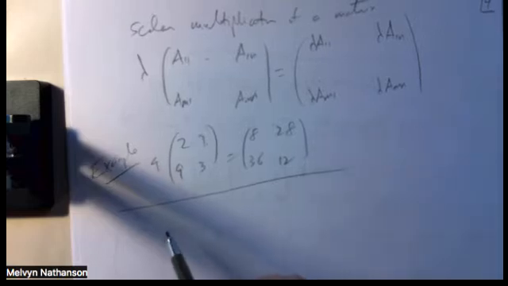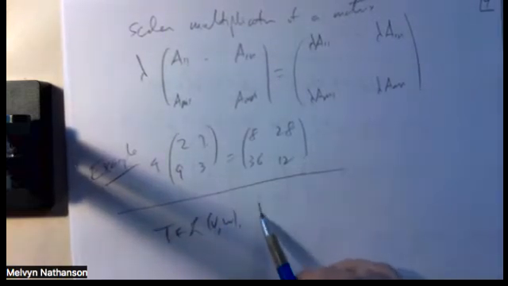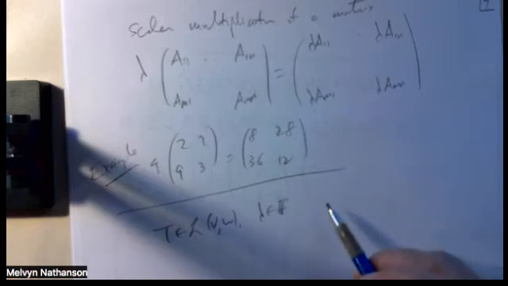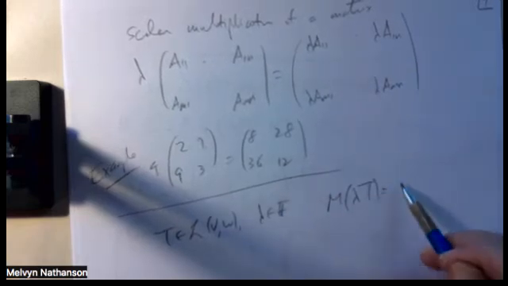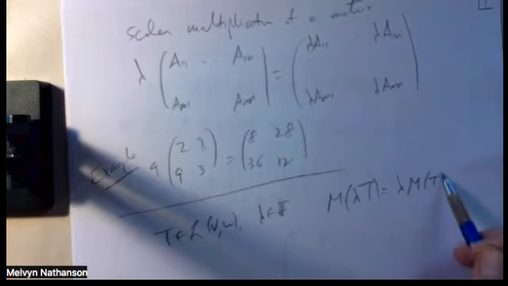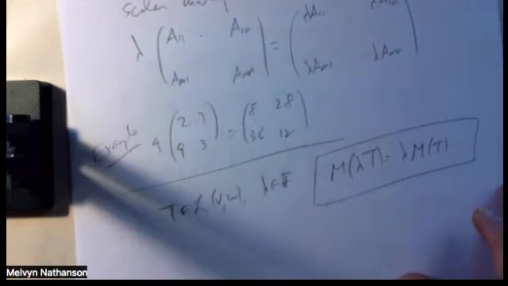And again, if T is a linear map from V to W, and lambda is a scalar, then the matrix of the linear map lambda T is lambda times the matrix of T. Any questions about this?